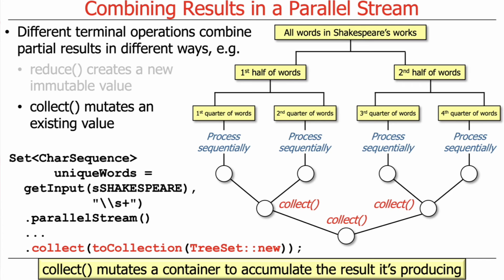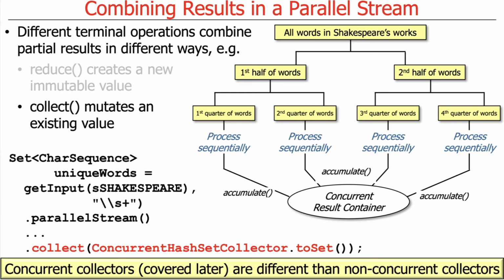So we'll start out with a tree set with just a couple of elements in it, and then that will be merged, and then we'll have more, and that'll be merged, and that'll be merged, until we finally end up merging together the last two tree sets into the final tree set. So the final tree set would, of course, contain all the unique words. And the idea here, it's important to understand, is that collect, by design, is intentionally mutating a container, a tree set in this case, in order to accumulate all the results that it's producing.